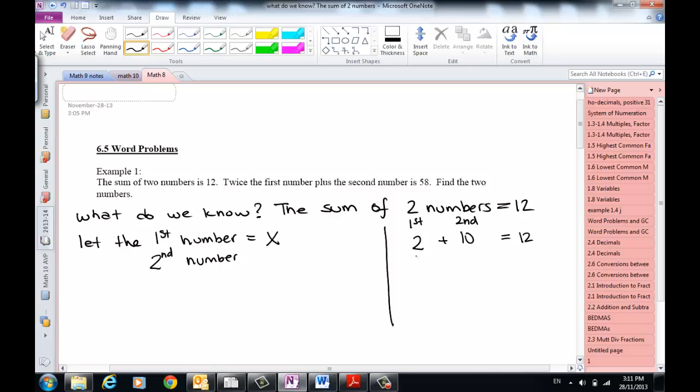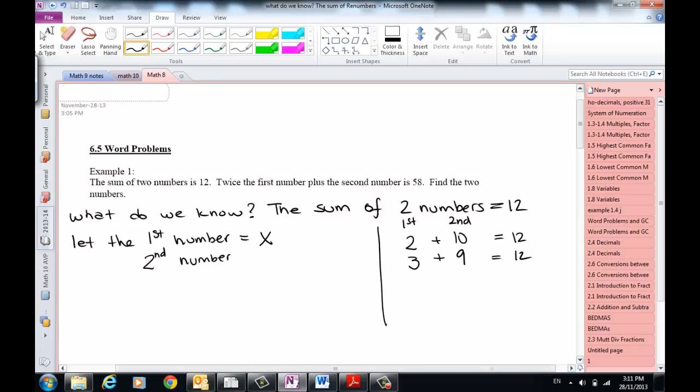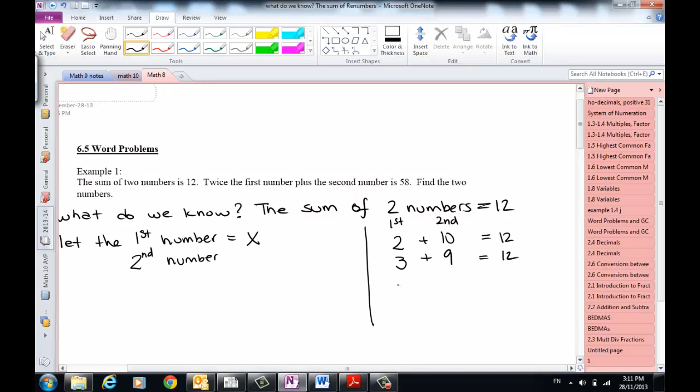If the first number is 3, then 3 plus 9 is equal to 12. Again, for example, 5 plus 7 is equal to 12.